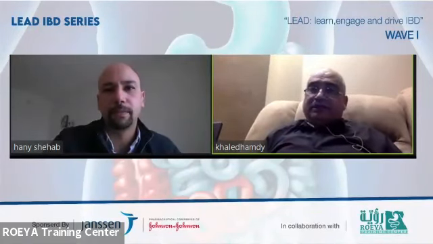Any more questions here? I have one question for Professor Hany, please. We all know that with perianal fistula of Crohn's disease, infliximab is the drug of choice. Do you have any recommendation, in cases of failure of infliximab in perianal fistulizing Crohn's, to use ustekinumab, or do you have any data about this?